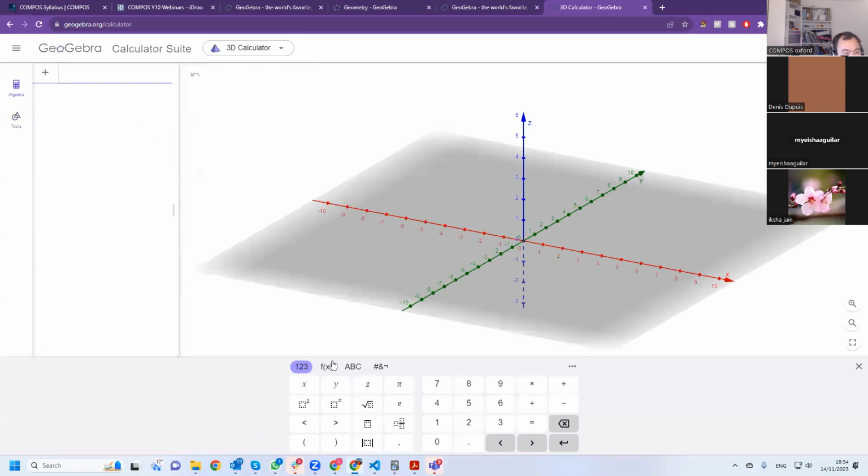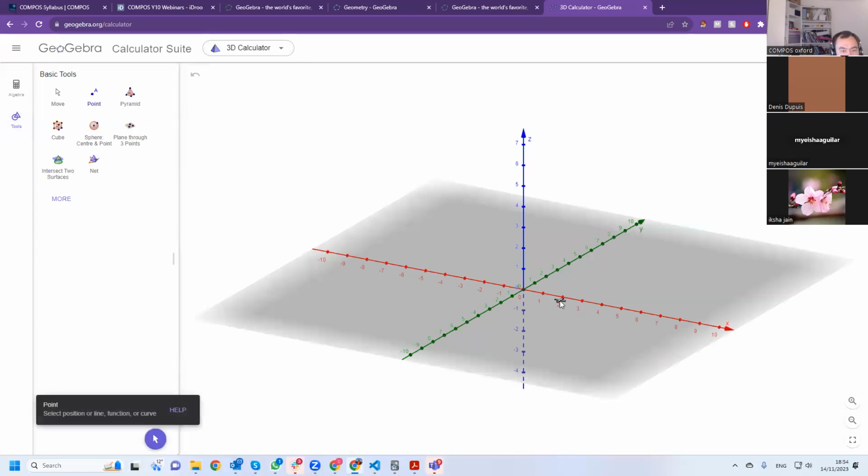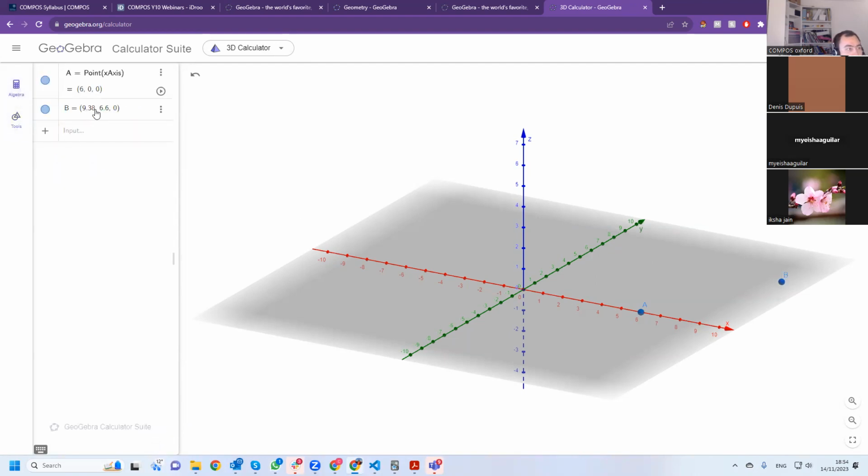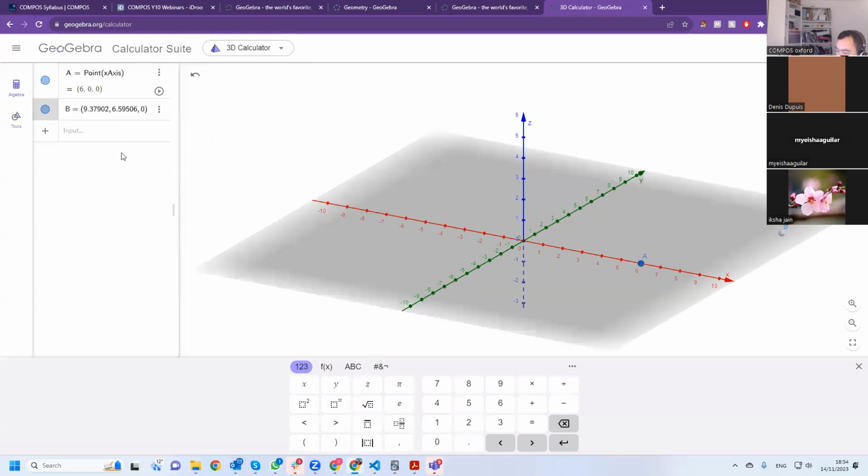Let's say we have point A at (6, 0) and point B at (9, 4).